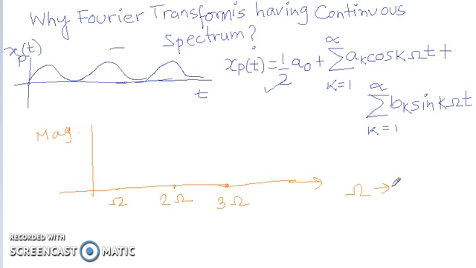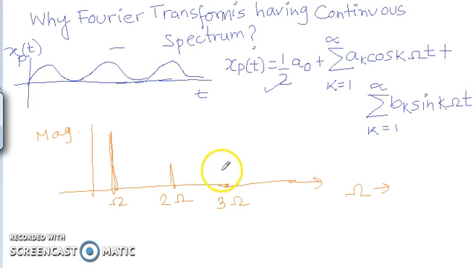Now, if we want to draw the magnitude spectra, what will we get? The fundamental frequency component has the highest magnitude. Then the other components will have certain values depending upon the type of waveform, whether it is even or odd.